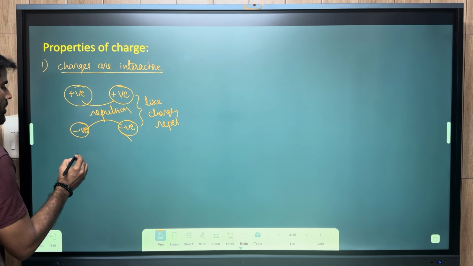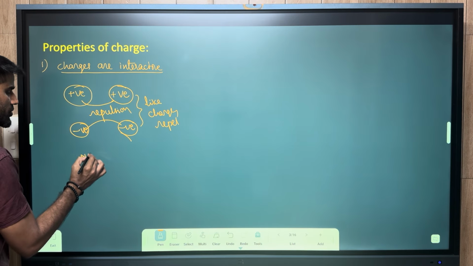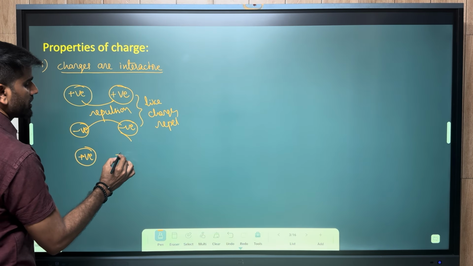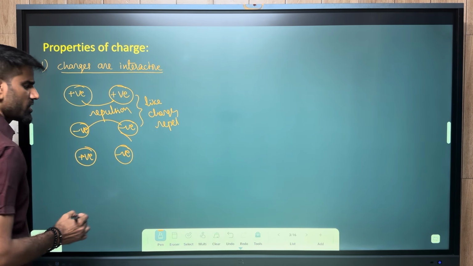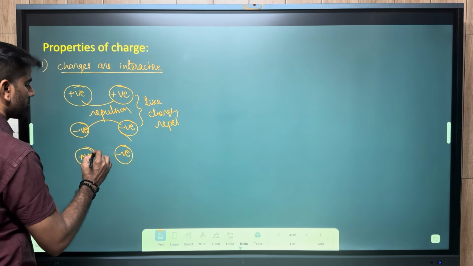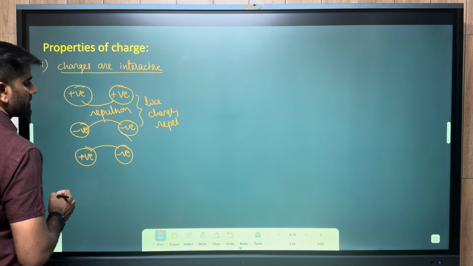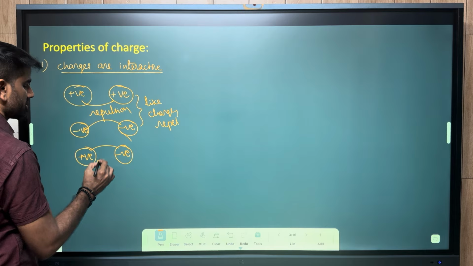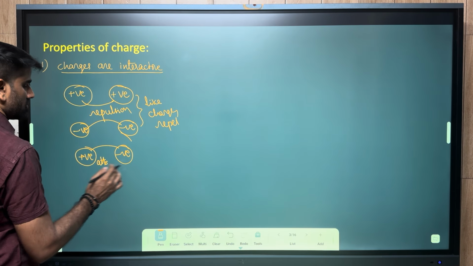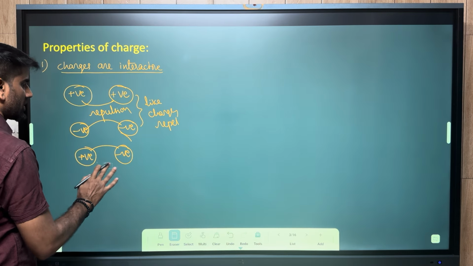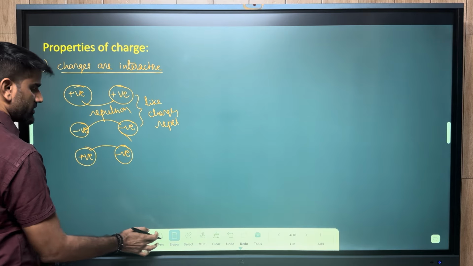When it comes to unlike charges, let's take a positive charge and a negative charge separated by a certain distance, considerably close to each other, then they exert attraction. They attract each other.